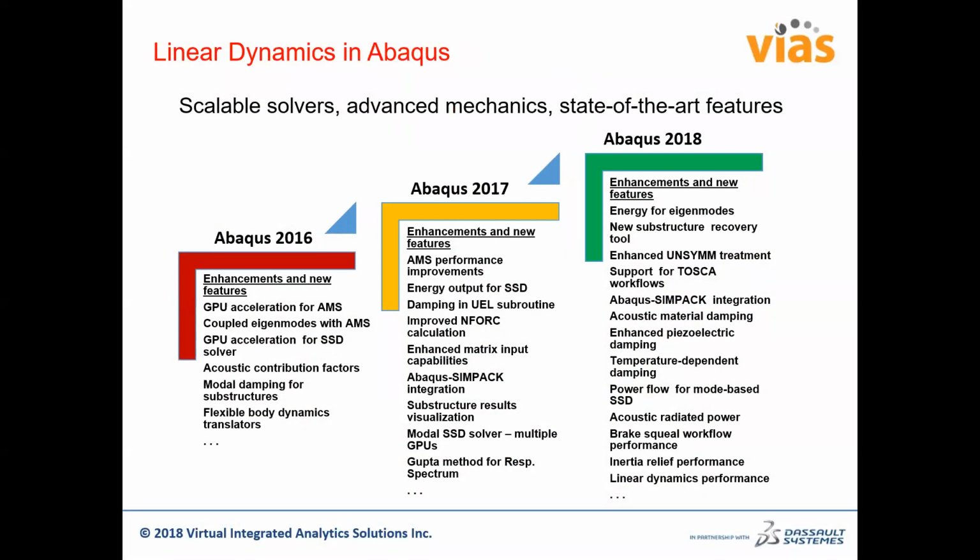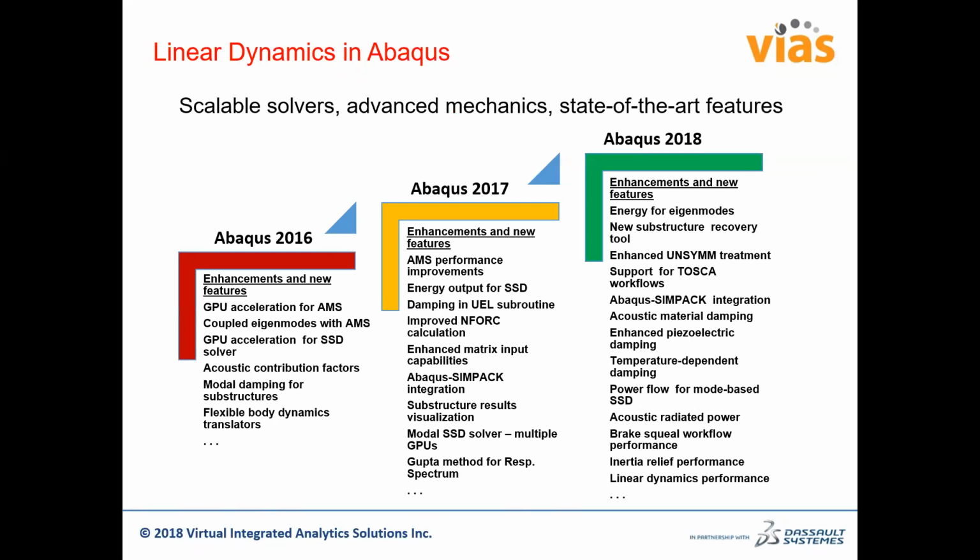Quickly, linear dynamics has been getting improved in terms of performance since the last few releases, and the trend is going on. Now in 2018, we again have a lot of enhancements and new features in linear dynamics, mostly in terms of performance.